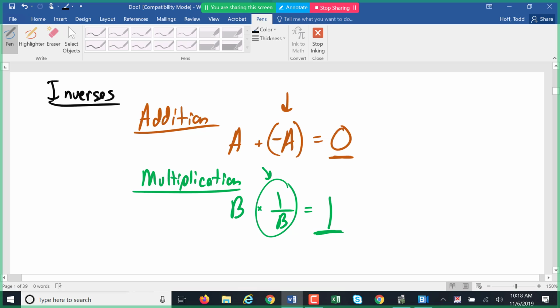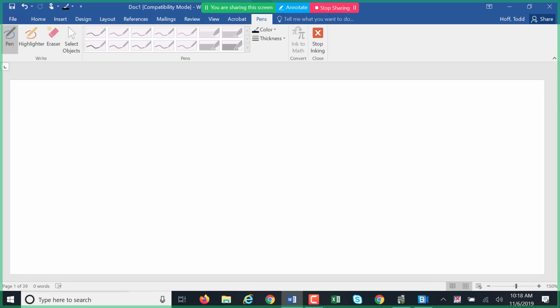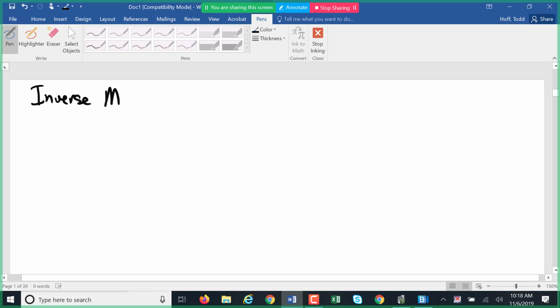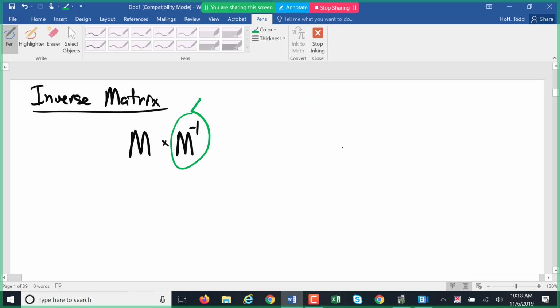So for matrices, the inverse of a matrix: if I have matrix M times its inverse, that M with a little negative 1 by it, that means the inverse of M. When I multiply those, I better get the appropriate identity matrix.